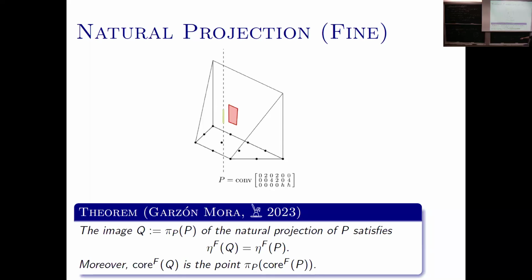Here's the core for the standard adjunction, this segment you see there, and the core for the fine adjunction is this two-dimensional thing.